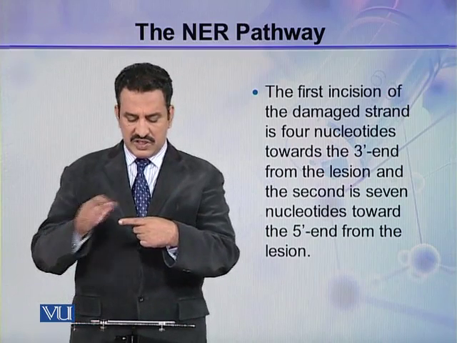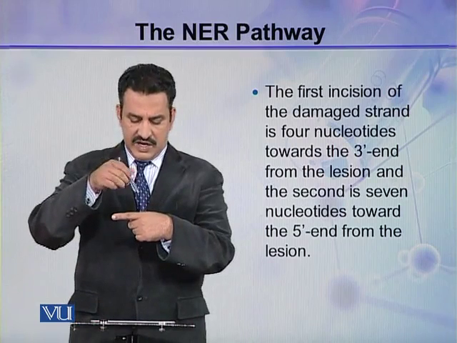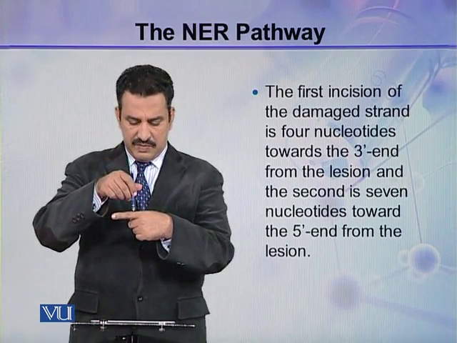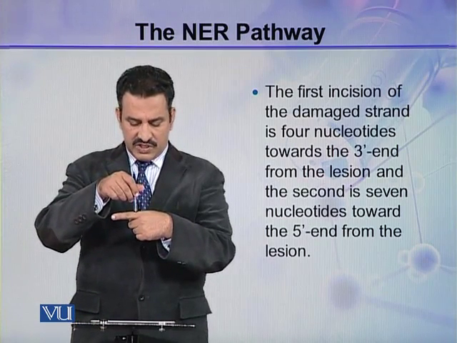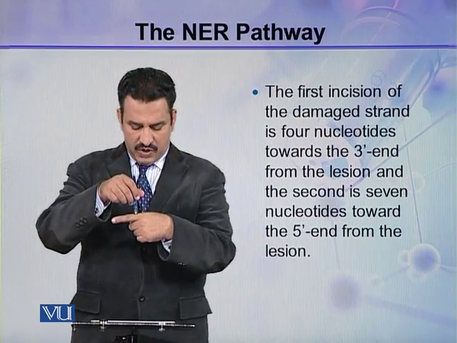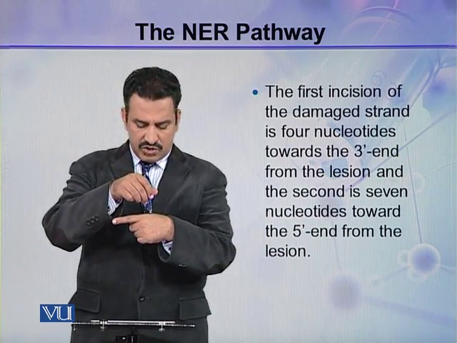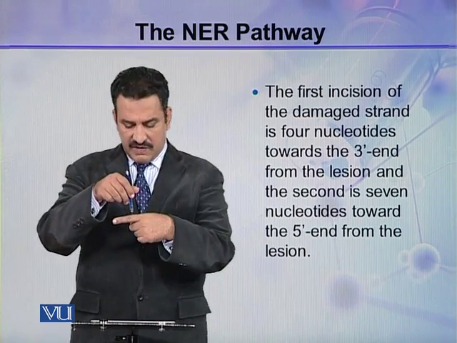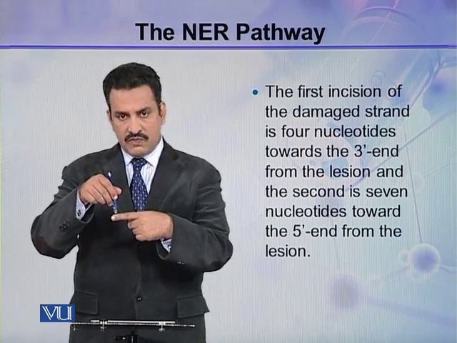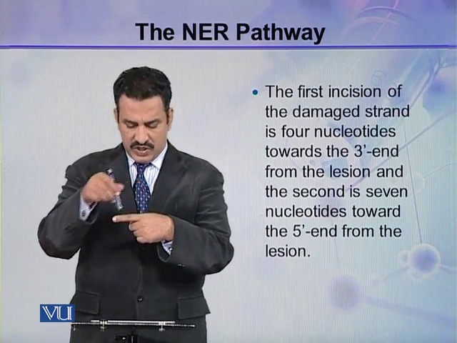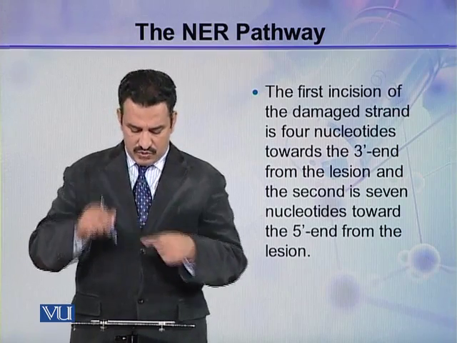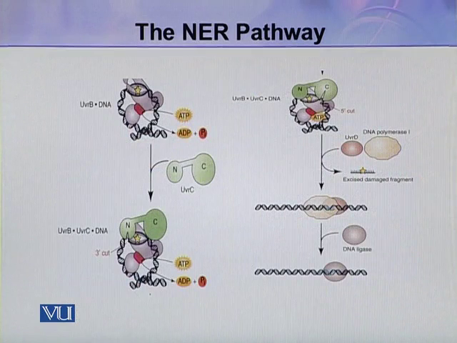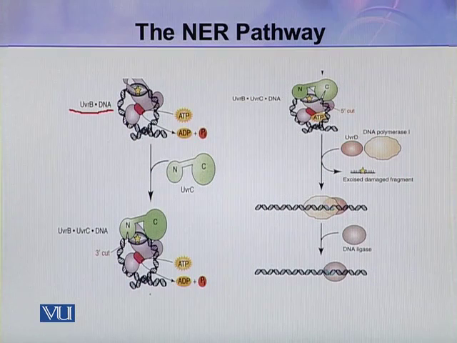So you can see, if this is the strand and this is the damaged site, the first cut is about 4 nucleotides towards the 3' end, and the second nick is 7 nucleotides towards the 5' end. So in this way two nicks are produced. This is the UVRB DNA complex, and this is the UVRC molecule.